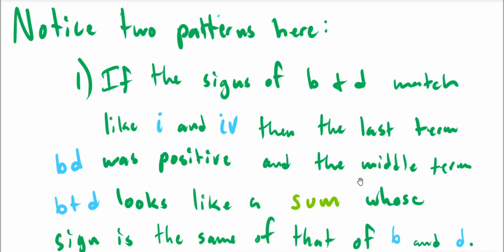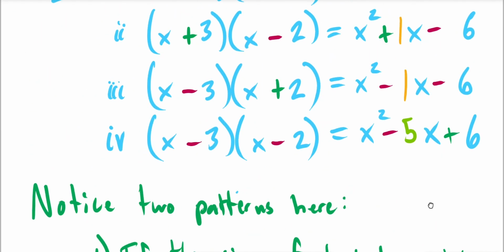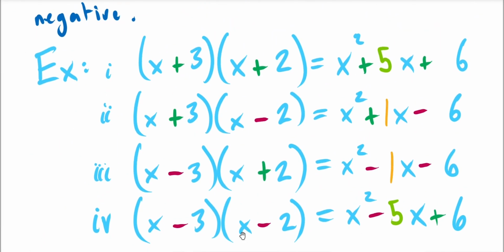Then the middle term, if I add two positives, or if I add two negatives, looks like a sum of those numbers whose sign is going to be the same as the sign of the two numbers. And again, they have the same sign, so if they're both positive, their sum is positive. If they're both negative, then their sum is negative. Let's look back at 1 and 4 and see that happening. Here's 1, here's 4.